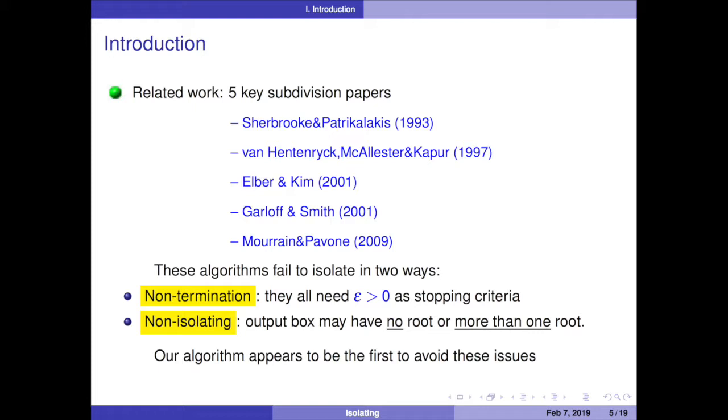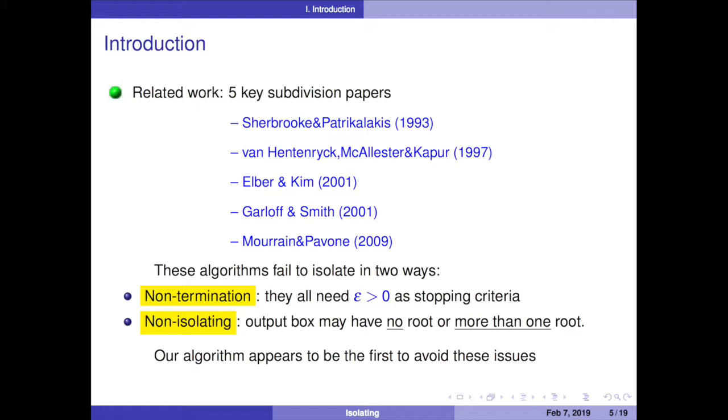Of course, the epsilon is artificial, and when you terminate, what are you getting at that point? We don't know. And the second thing is that all of them actually fail to be even isolating. When they stop, the output box may have no roots, or it may have more than one root.